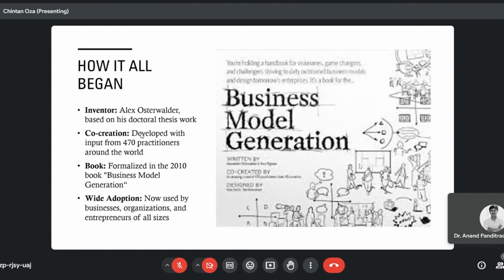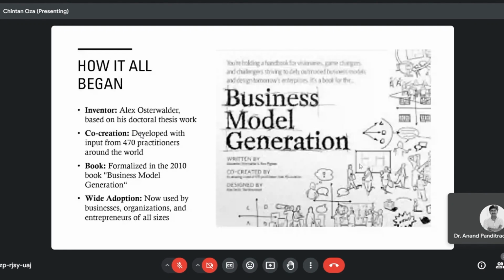He asked questions, he learned from their mistakes, he learned from their experiences, and then finally prepared the business model canvas. He further went on to formalize this knowledge by publishing a book in the year 2010. The name of the book, as we learned, is Business Model Generation. You can buy this book on Amazon.